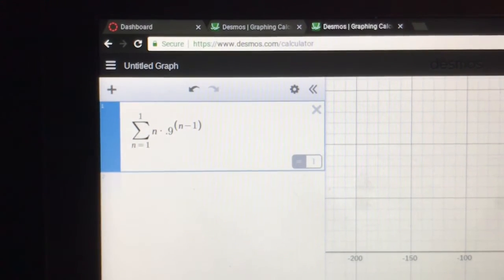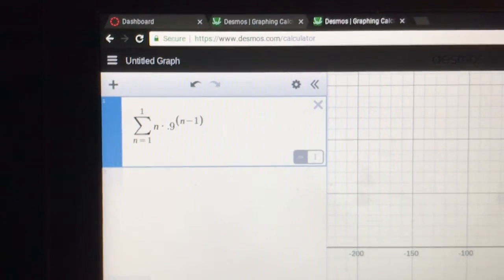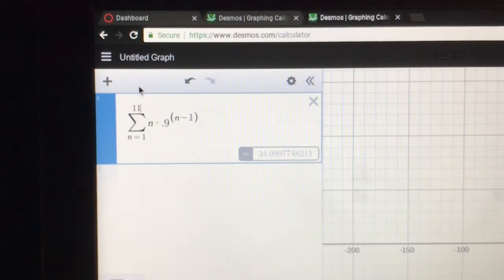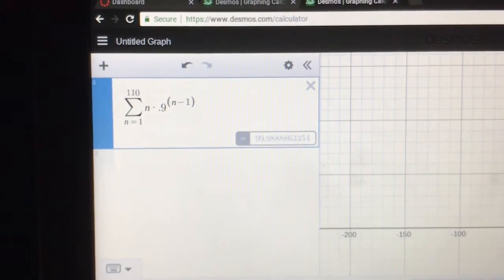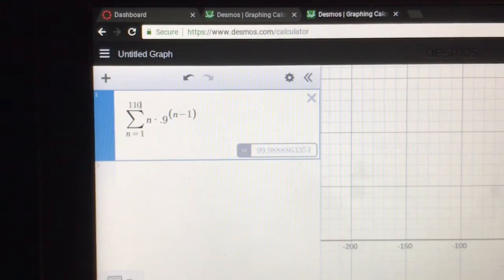And then obviously if I put in less, then it gets smaller, so we know we need to go up. So I put in 110, and let's see where that gets us. And that gets us really close. That gets us to 99.988.